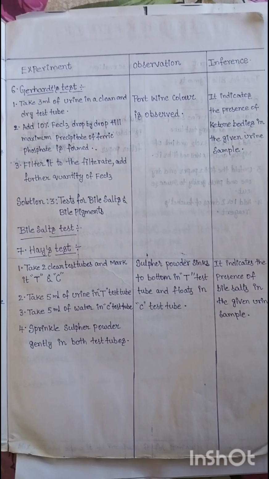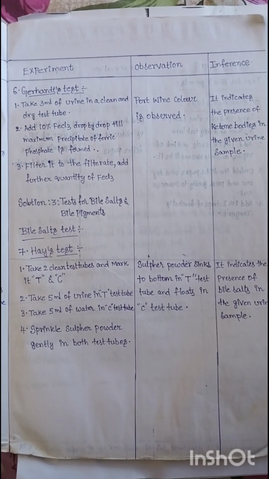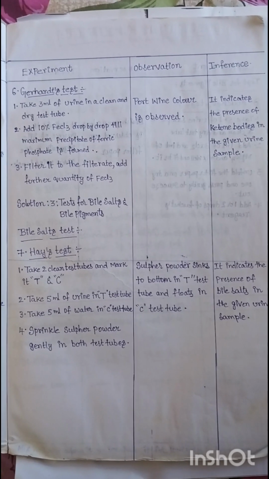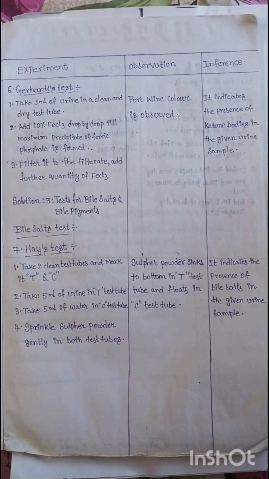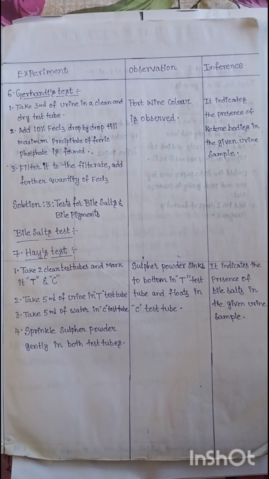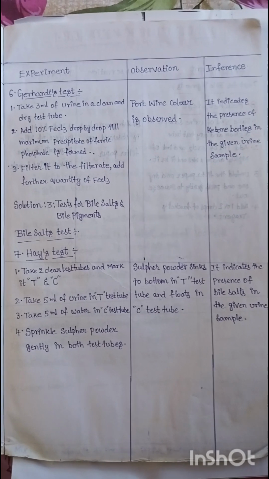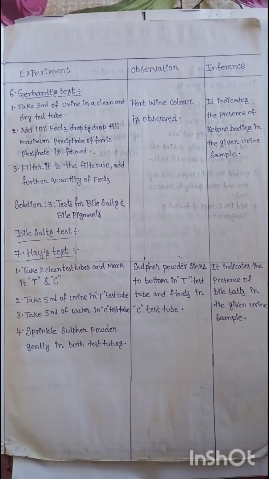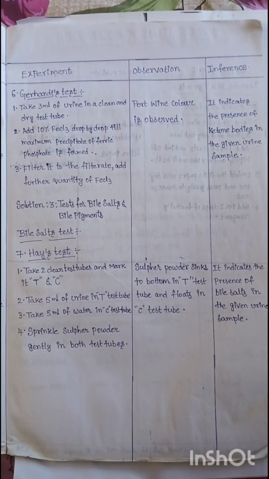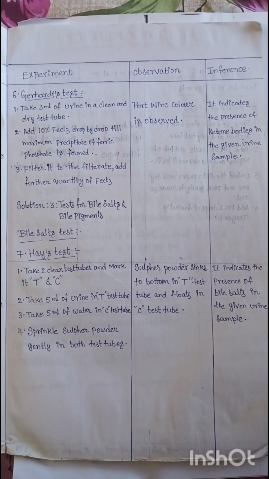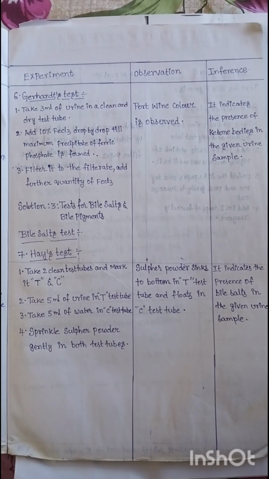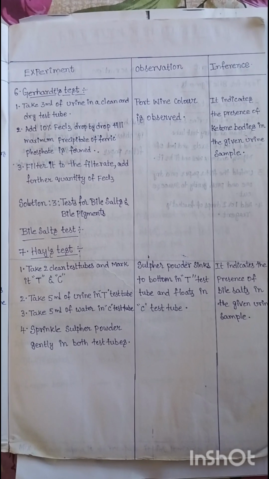Now coming to the performance of the test for bile pigments. We perform Fouchet's test for bile pigments. For that, take 5 ml of urine sample in a clean and dry test tube. Add 1 ml of BaCl2 and 1 ml of MgSO4, mix well and filter it.